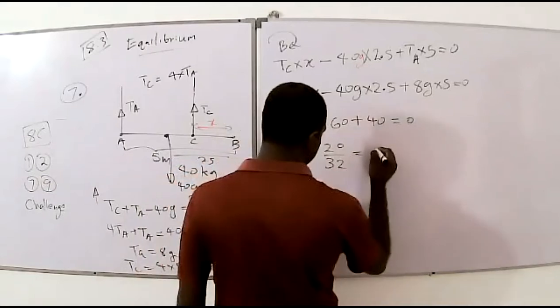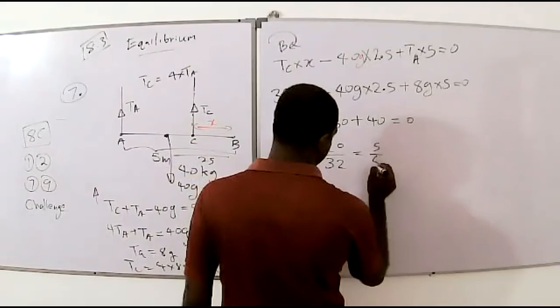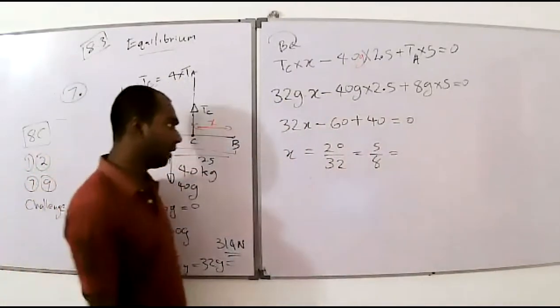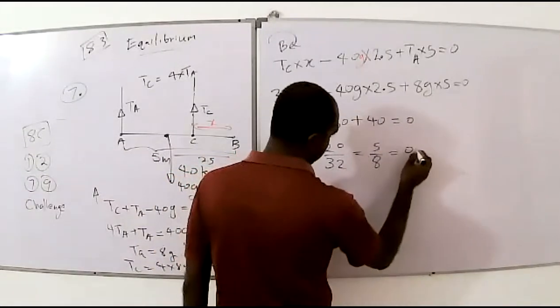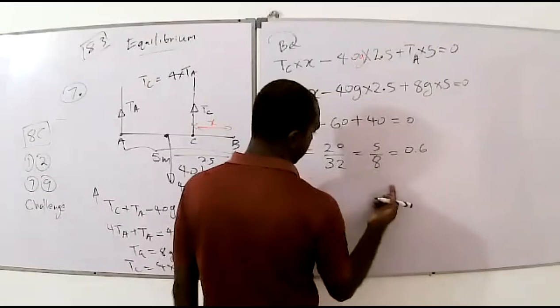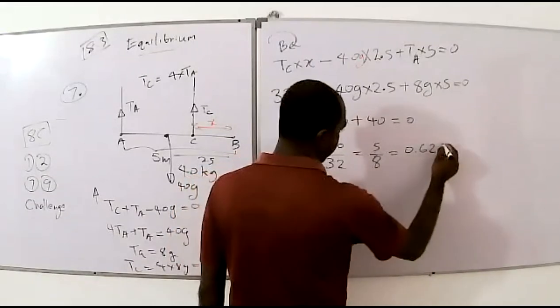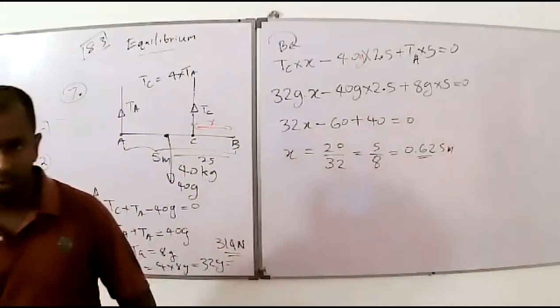So x will be equal to 20 divided by 32. So it's like 5 over 8. How much is 5 over 8? 5 over 8 is going to be 0.625 meters. 0.625 meters. Anyone else got the same answer?